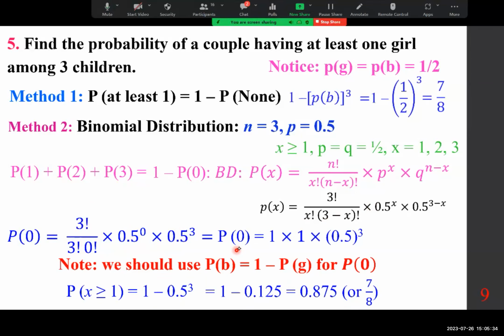So 1 minus 1/8. This one is 1/8, or 0.125. And what we want is 1 minus that, so we get to the same answer as expected.